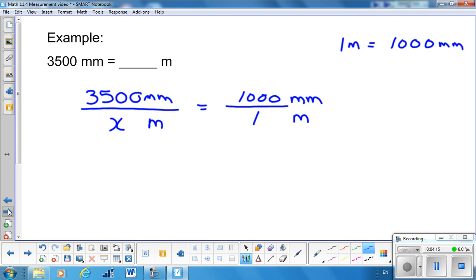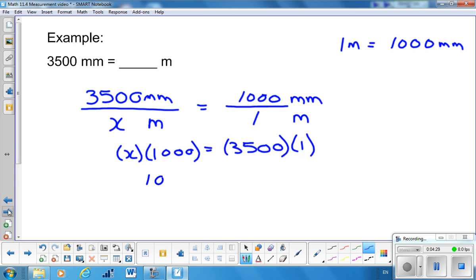Now, cross multiply, and I have x times 1,000 equals 3,500 times 1. x times 1,000 is 1,000x, equals 3,500 times 1, which is just 3,500.